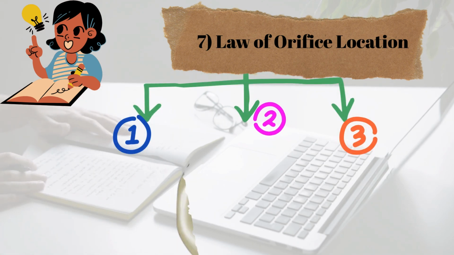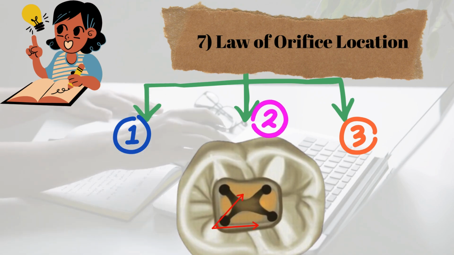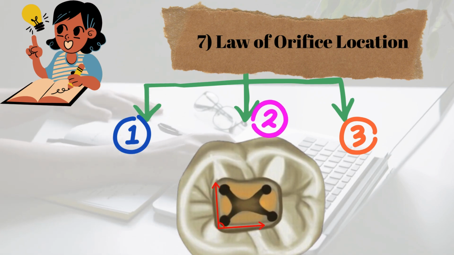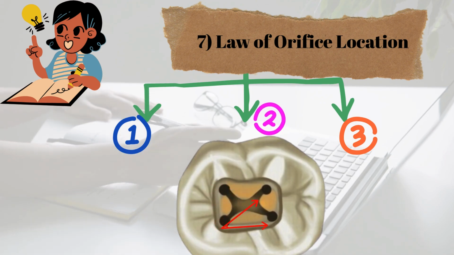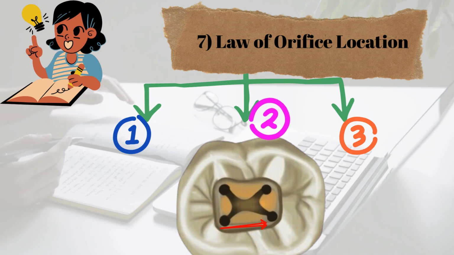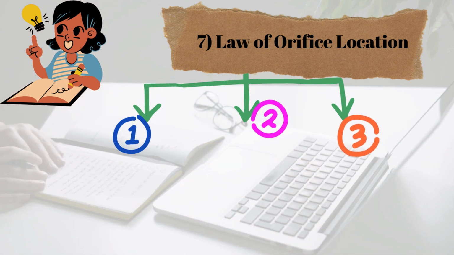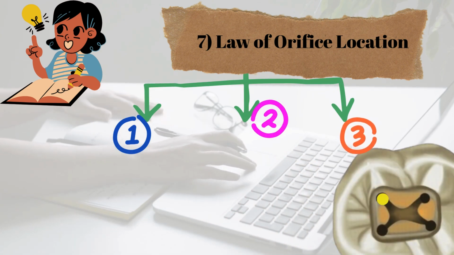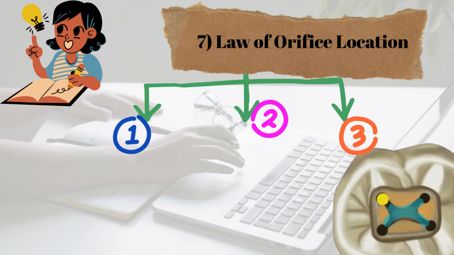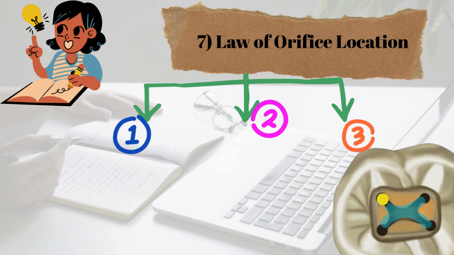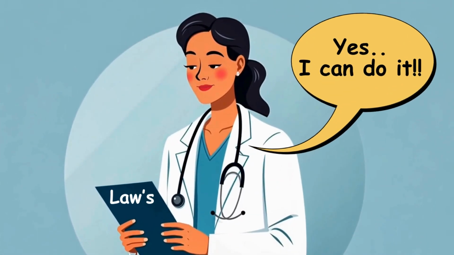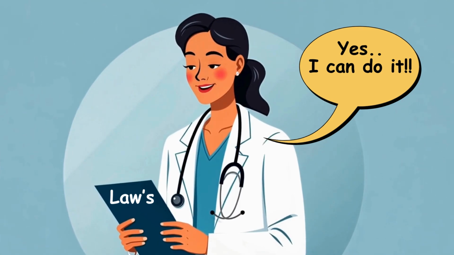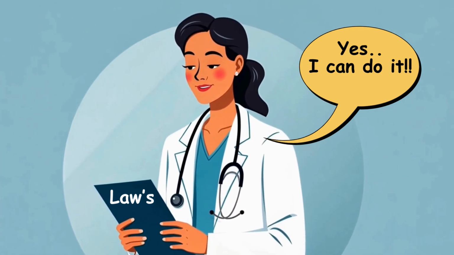Secondly, canals are present at the angle formed between the junction of the wall and the floor, confirming the law of orifice location 2. The law of orifice location 3 states that canal orifices are located at the terminus of root development fusion line. Hence, understanding these laws help us to refine the access cavity and locate the canal.